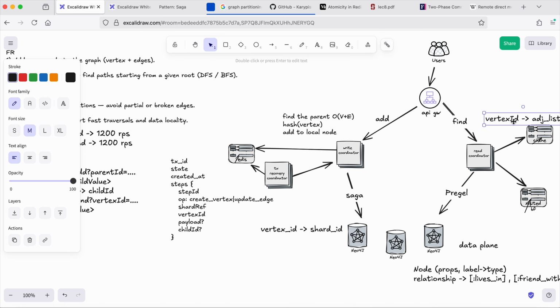It's in our cache, and the visited Bloom filter is just about the vertex IDs. So that's it for the data structures here.